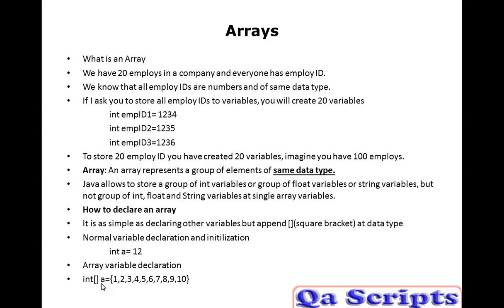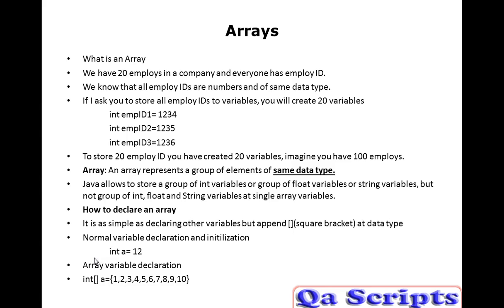If you want to go for float data type or double or long, it is the same way. Instead of putting int, we have to put float, and again the values will vary according to the float values.